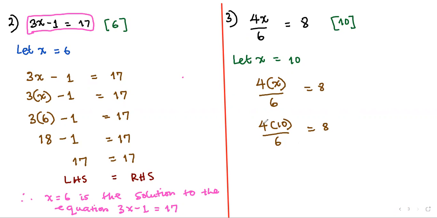Now, 4 times 10 gives me 40 divided by 6 is equal to 8. Really? 40 divided by 6 is equal to 8? No, it is not correct. So you see that 40 divided by 6 is not equal to 8.